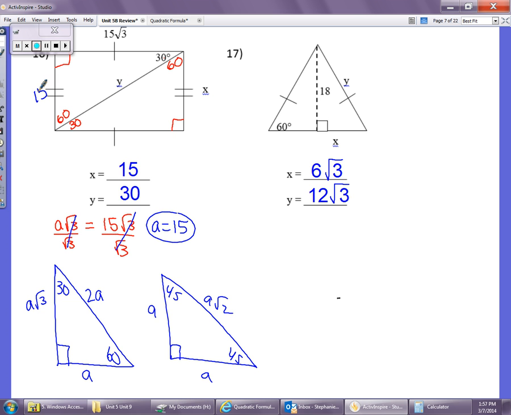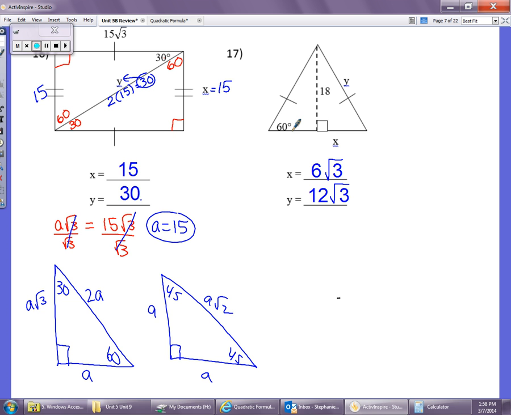So this is going to be 15. So if the left is 15, then the right is 15. And then if I follow this rule, across from the right angle would be 2a. So this would be 2 times 15, which gives me 30 for y.